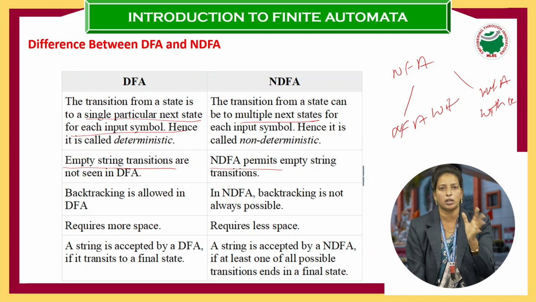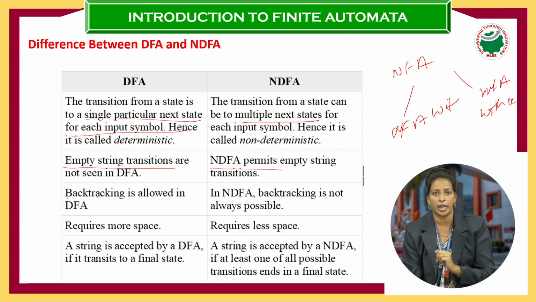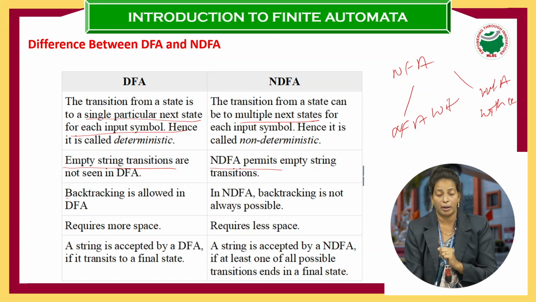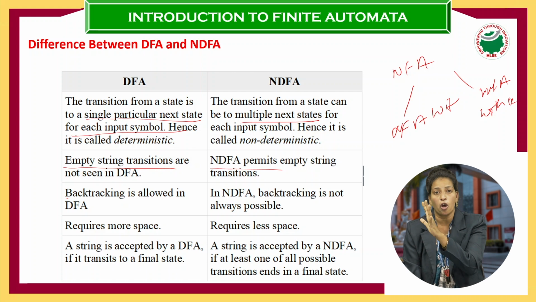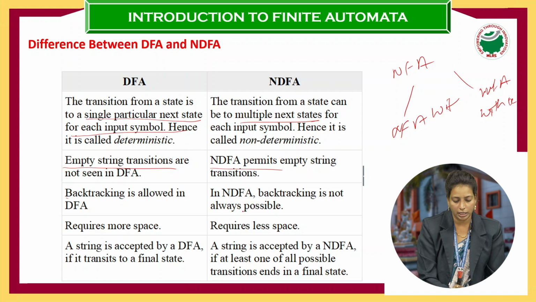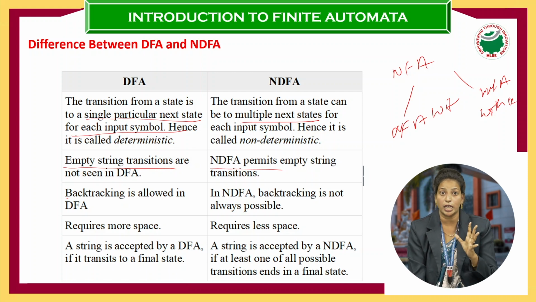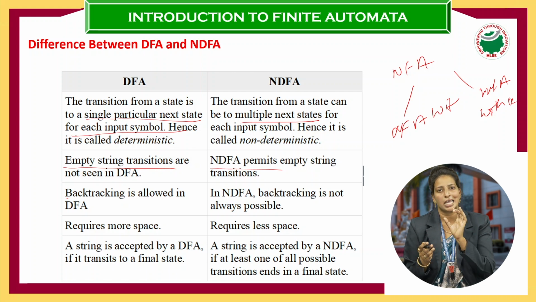In DFA, it does not allow epsilon productions. Next, DFA allows backtracking, but NDFA does not allow the backtracking method. In DFA, it requires more memory, but in NDFA, it requires less memory.